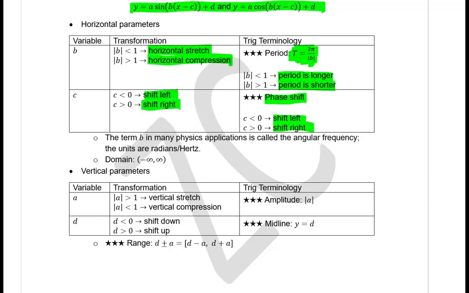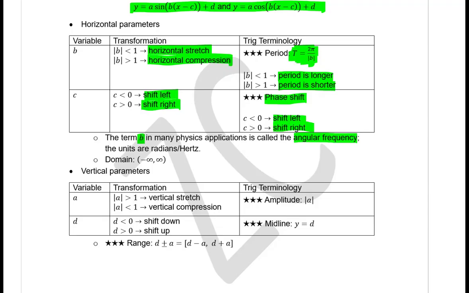And some additional info. Every teacher is different. You might need to know this. You might not. But the term B in many physics applications is called the angular frequency, not to be confused with just frequency, which was 1 over T. Remember frequency, which is 1 over T. The units are 1 over seconds or hertz.